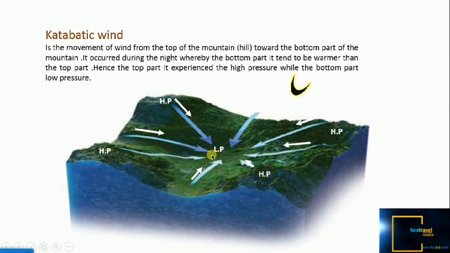Hence during the night, the bottom part of the mountain tends to have high temperature, hence low pressure, while the top part, because it receives insolation quickly and loses it quickly, tends to be cool, hence high pressure at the mountainous part. Therefore, the general movement of air will be from the top part of the mountain toward the bottom part of the mountain, which experiences low pressure.